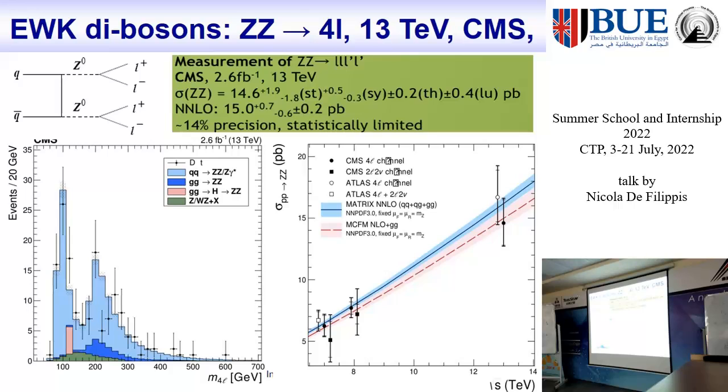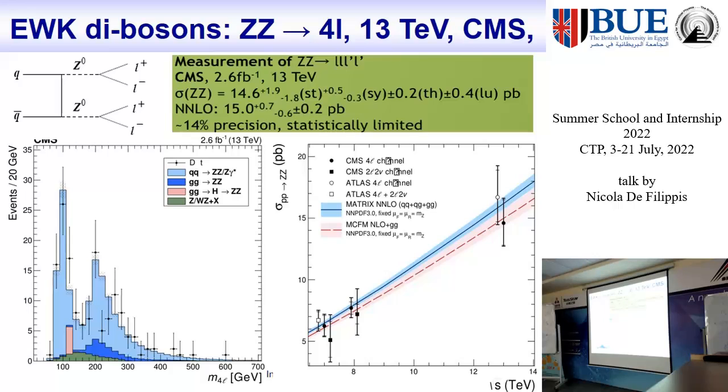And you could observe, for example, here the invariant mass of the four leptons. You could see the peak here, for example, which is related to one Z giving four leptons, while the other one is of Marshall.